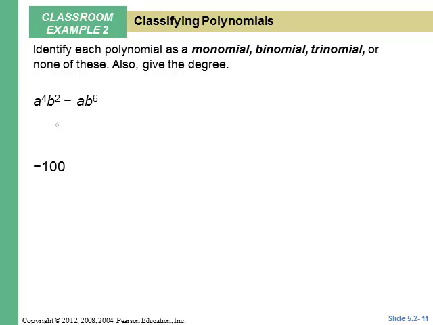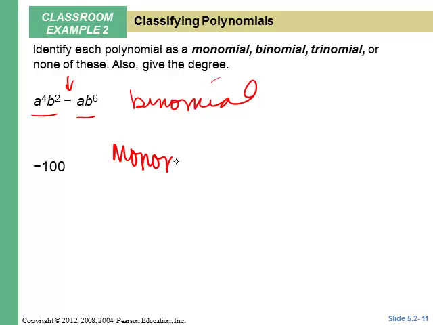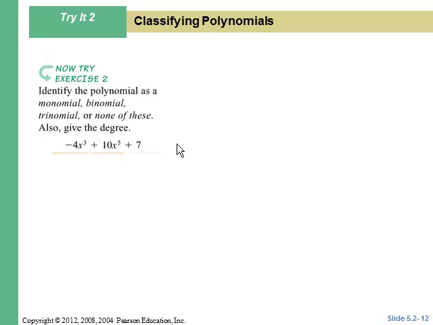Okay, this is 2 terms long. Notice they're separated by plus or minus signs, so this would be a binomial. This is just 1 term long, so it's a monomial. Three terms long, separated by plus signs, and so this would be a trinomial.